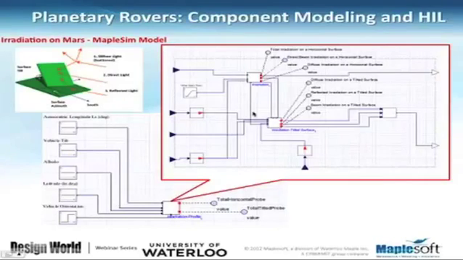And then to go through again a little bit about the other components, one of the components that we obviously had to model was the amount of energy that the solar panels can get from the sunlight. And in order to do that, we have to look at how we can model the relative orientation of the solar panels, which depends on the rover position and orientation with respect to the sunlight.